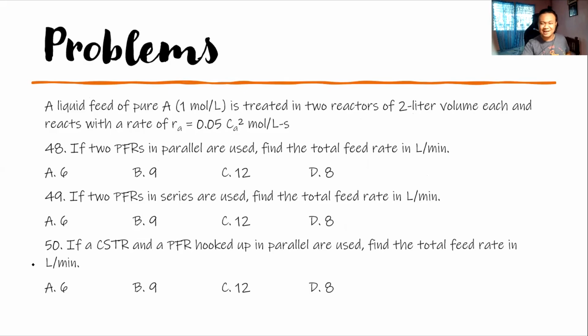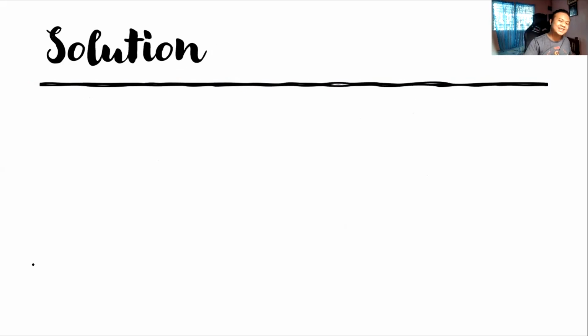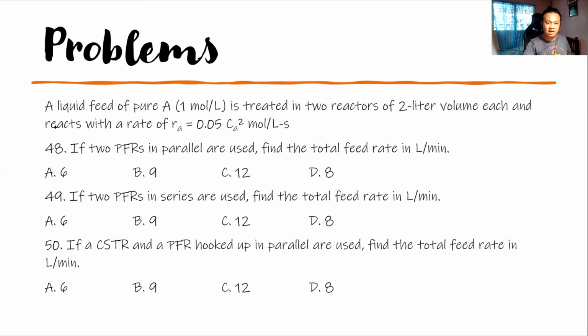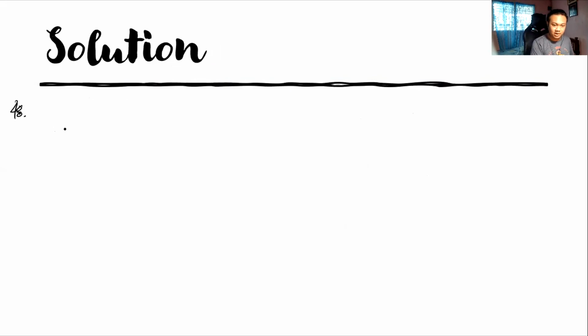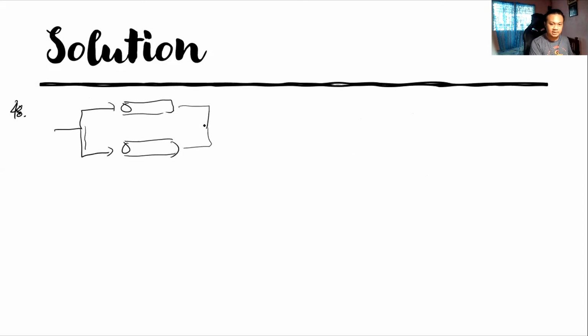So for the last 3 numbers, let's go rapid. Number 48 is two parallel PFRs.